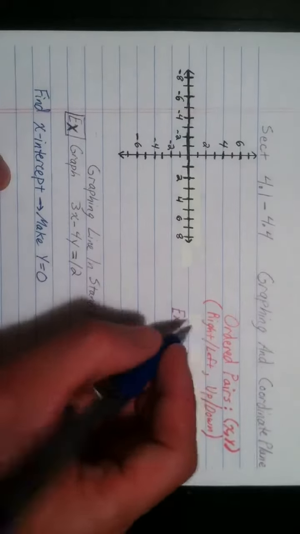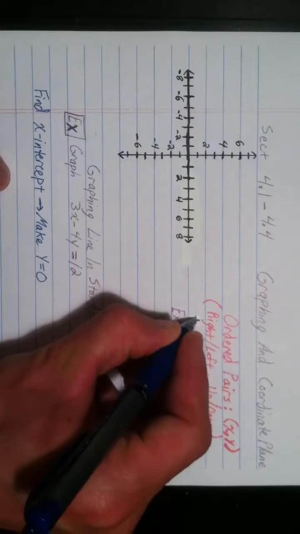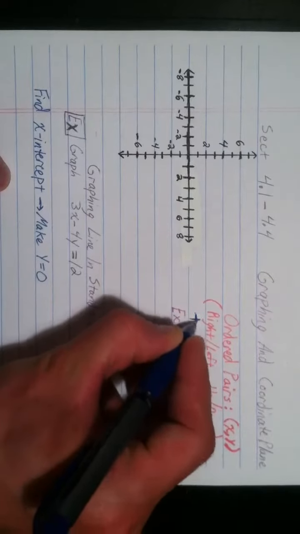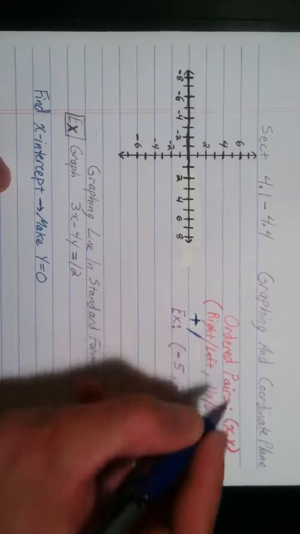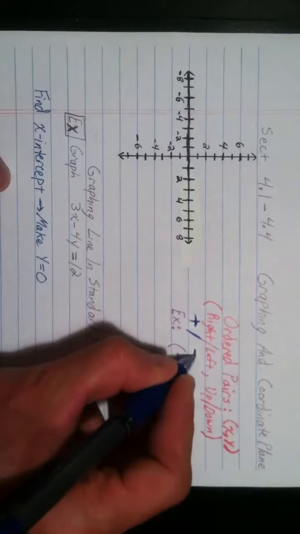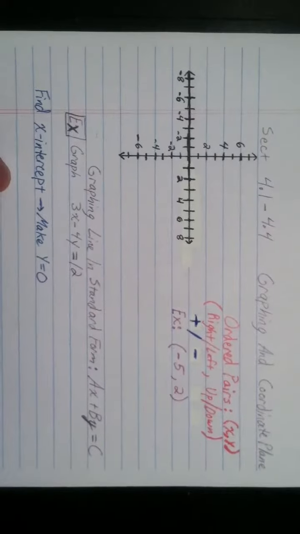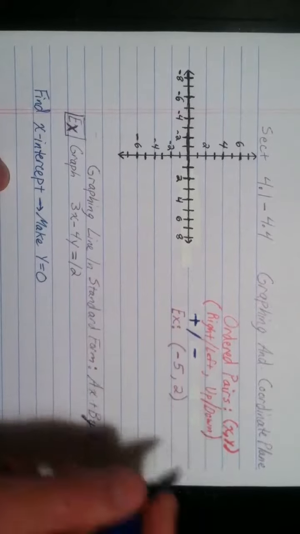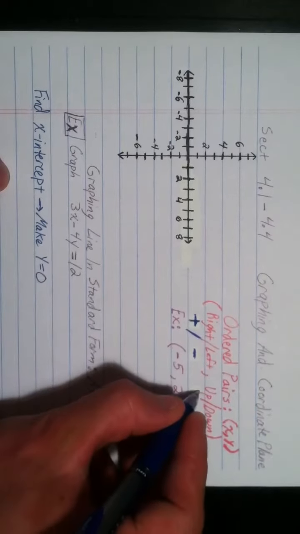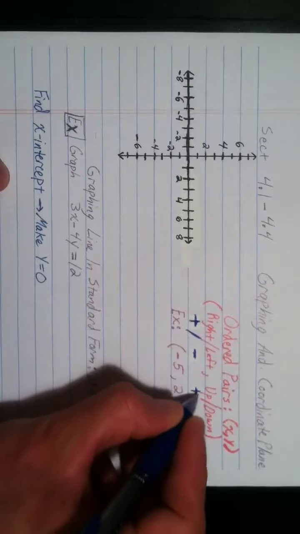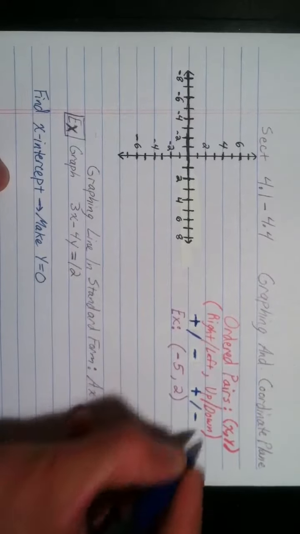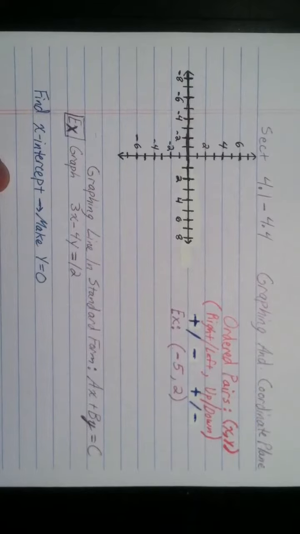More specifically, your x-coordinate movement to the right would be if you had an x-coordinate that was positive, whereas movement to the left of the origin would be if you had a negative x-coordinate. And then similarly with your y-coordinate, you're going to be moving upwards from the origin if you have a positive y-coordinate, and you'd be moving downwards if you had a negative y-coordinate.